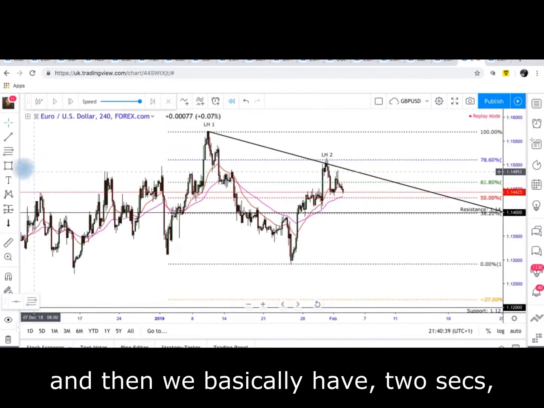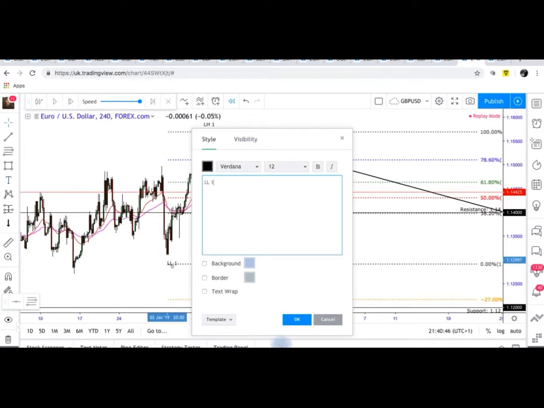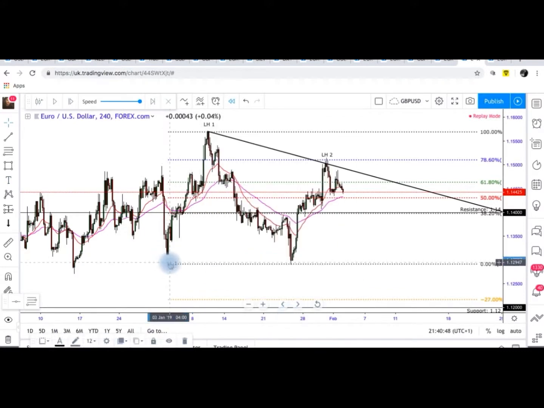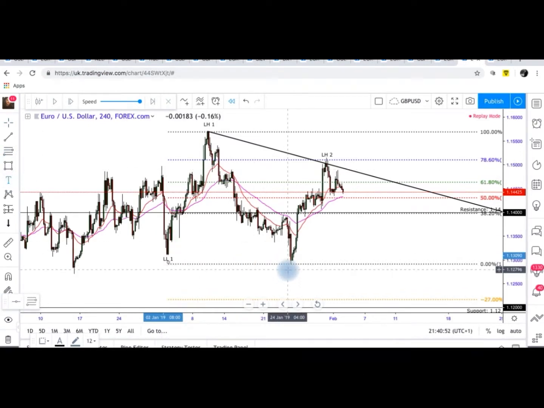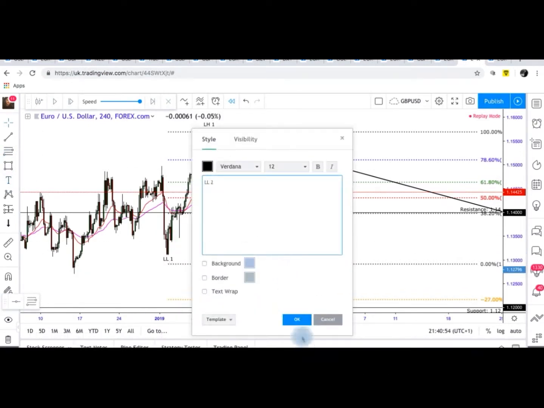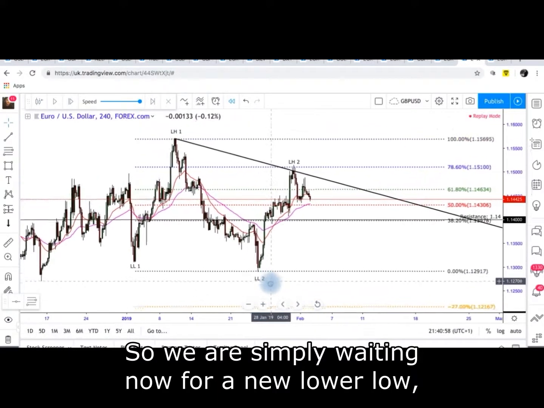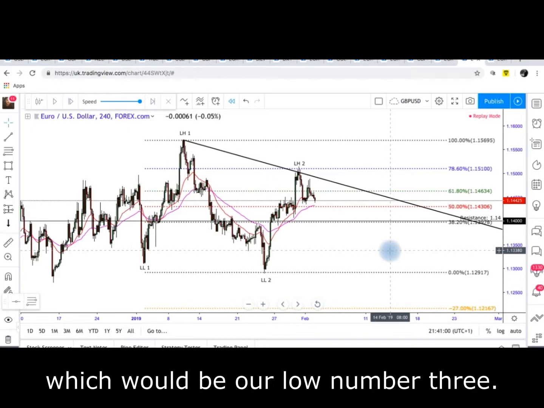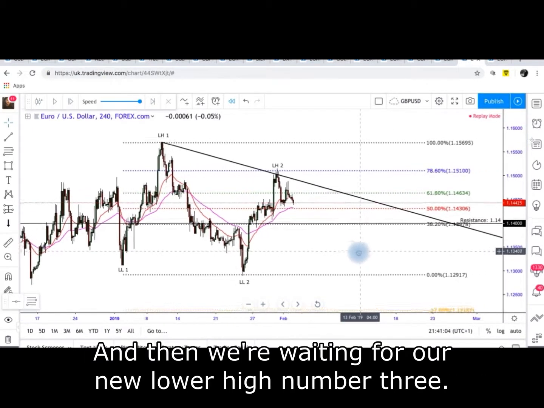And then we have lower low number 1. And then we have lower low number 2. So we are simply waiting now for a new lower low, which would be our lower low number 3. And then we're waiting for our new lower high number 3.